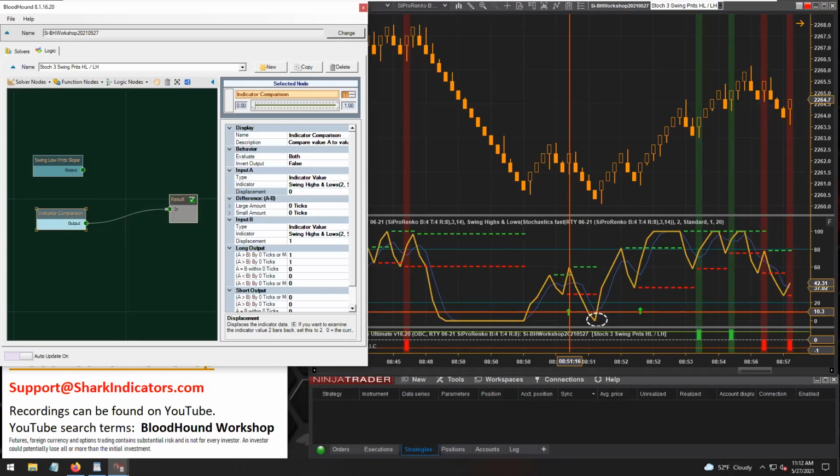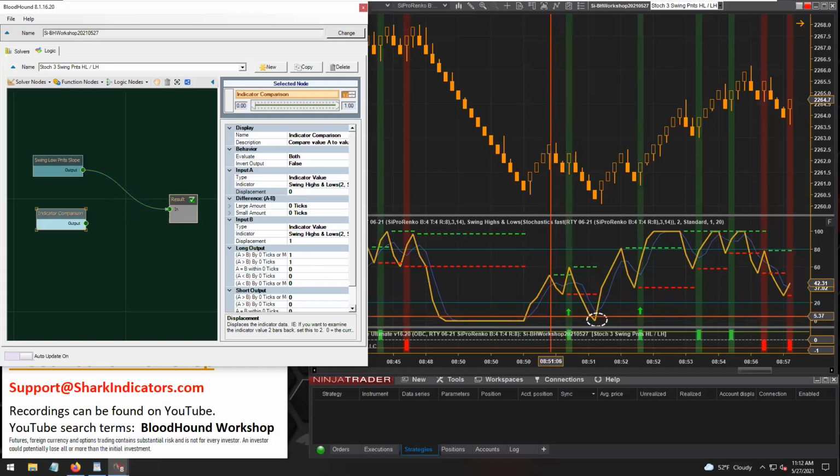So I think what that's telling me is that the indicator is not plotting when the stochastics is at 0. The swing highs and lows are not plotting when the stochastics is at 0, but there's something about this slope solver that is picking up that when the stochastics is at 0, there is no swing low.